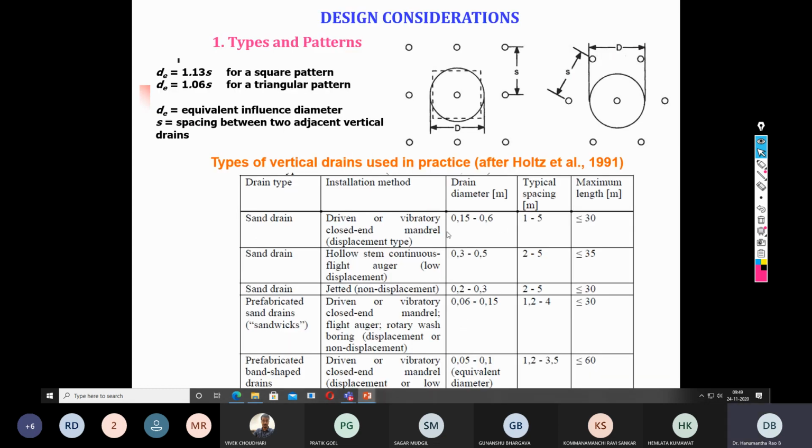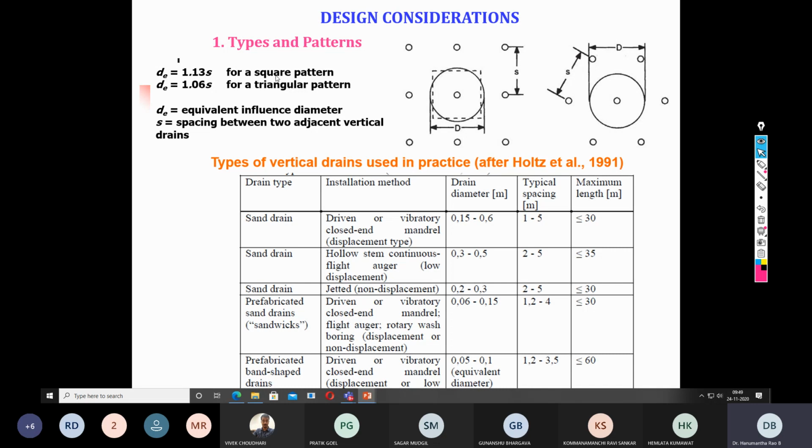So let us also try to understand some design aspects of the sand drain. Let's try to go in a very systematic way. These are a few design considerations. The very first one is types and patterns. I have already discussed there could be two varieties of patterns, square pattern and triangular pattern.